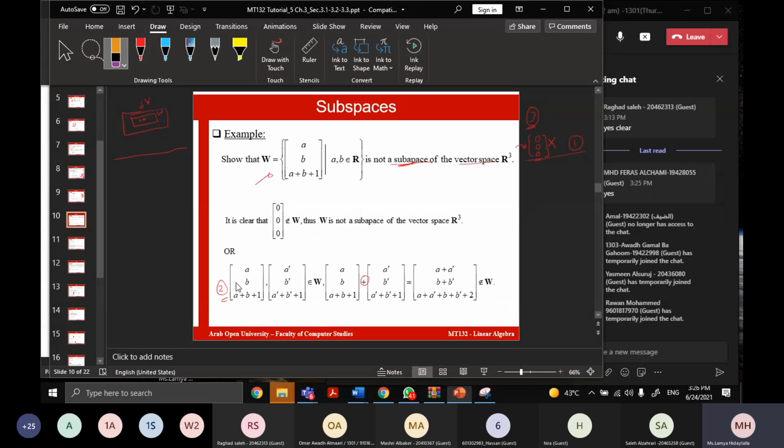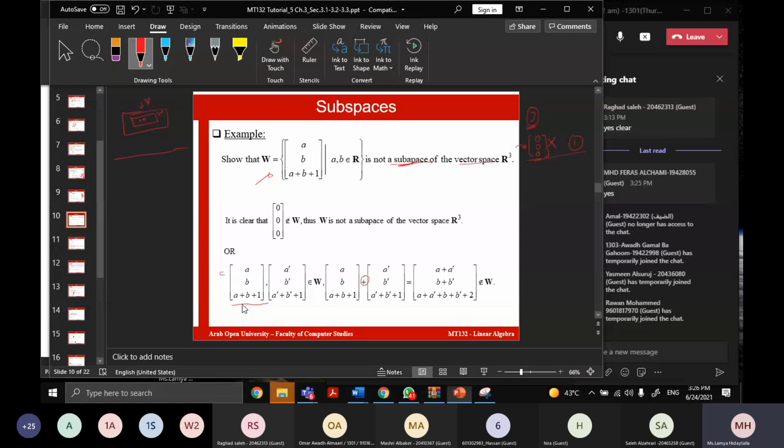If we took one vector, just like this one, and now multiplied by C. So what is the resultant? The resultant is going to be equal to CA, CB, and when I multiply here C, it's going to be CA plus CB plus C, like that.